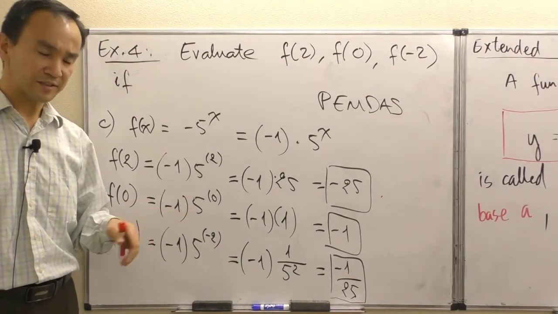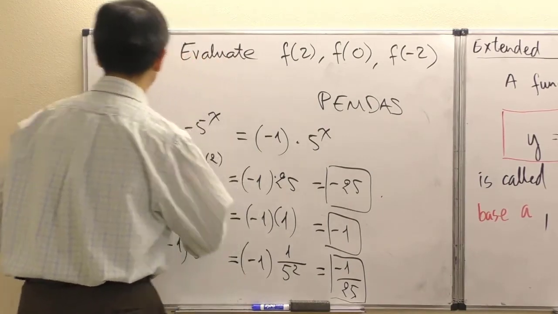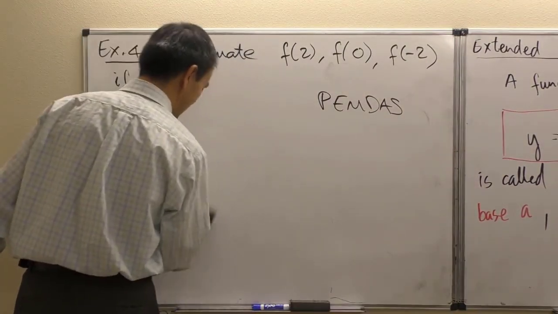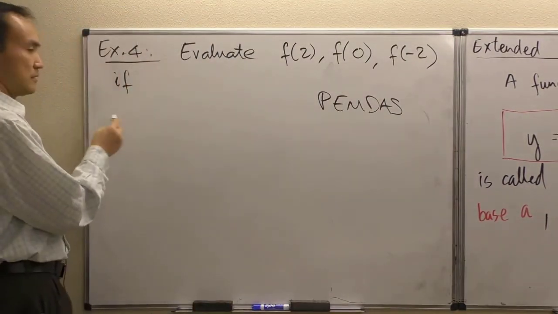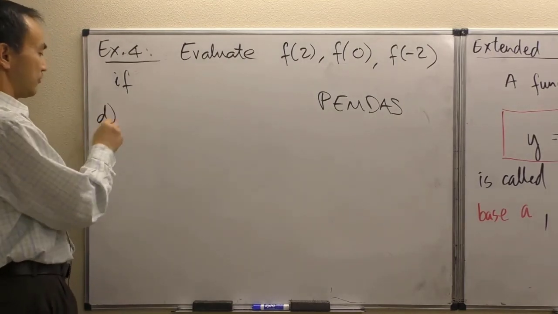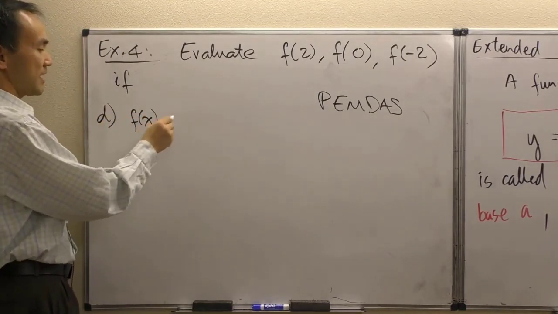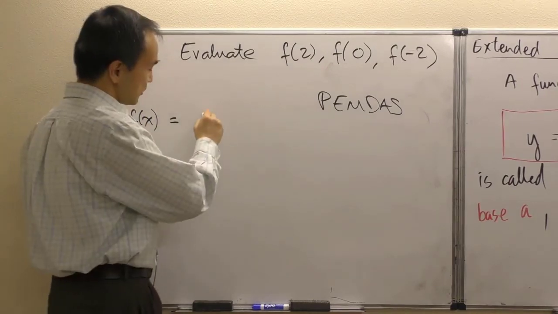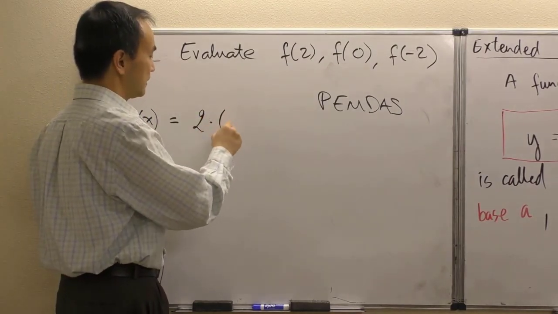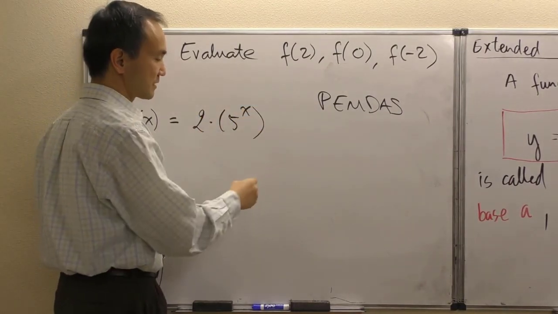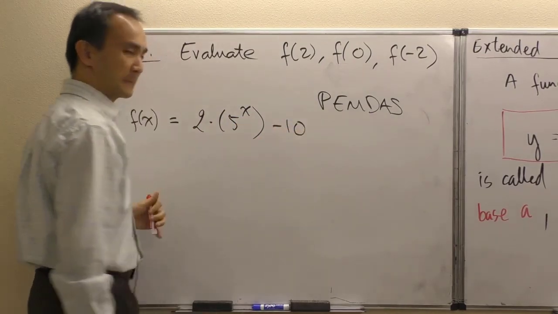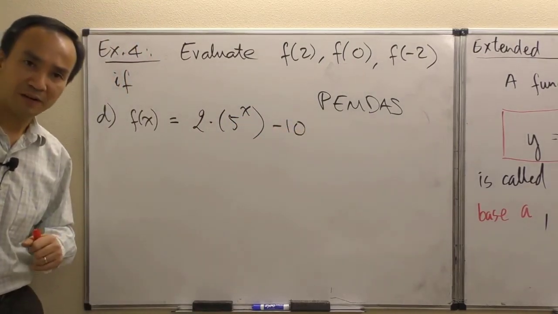Last problem in this example 4. Let's look at the function as follows. F of x equals, how about 2 times 5 to the x minus 10.